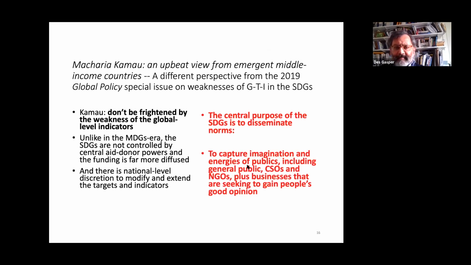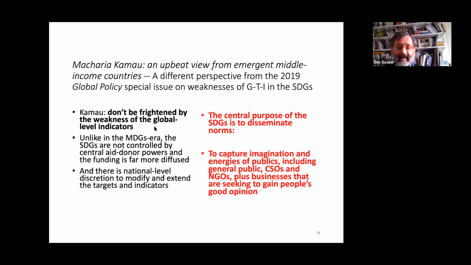Kamau gave a talk at which Sunil and I were present, in which, interestingly, having chaired the SDGs process, he said, well, yes, these indicators are all weak, but don't be too frightened by that. He appeared to express a confident view from emerging middle-income countries like Kenya, where he's from.